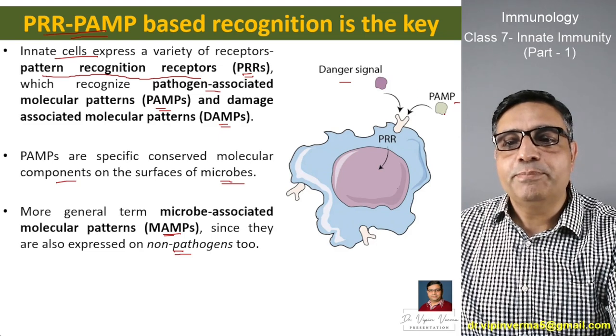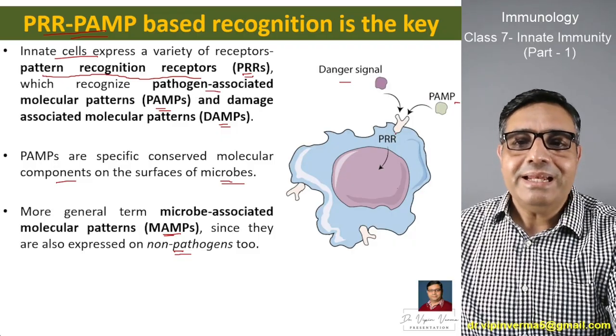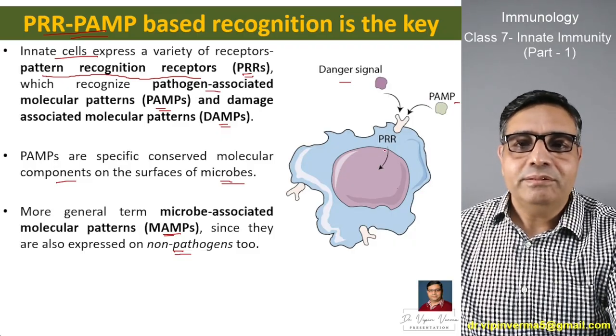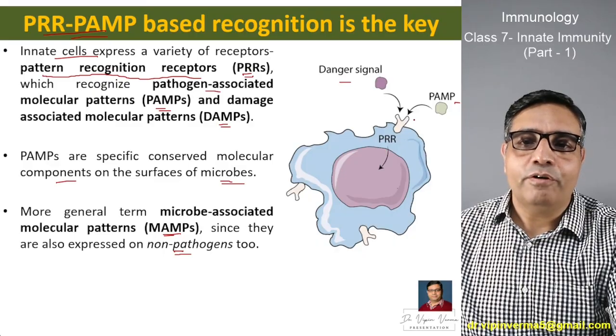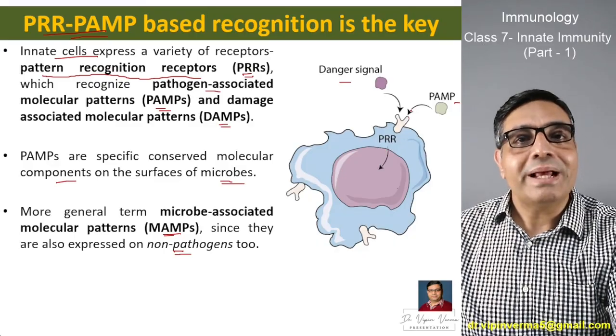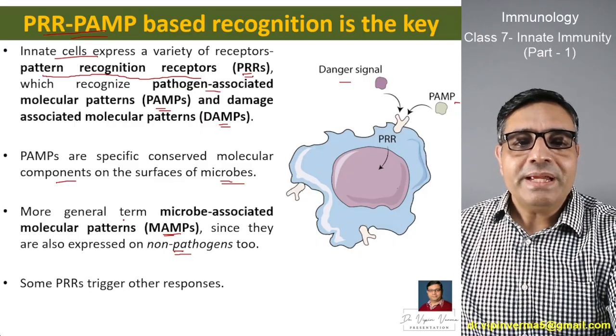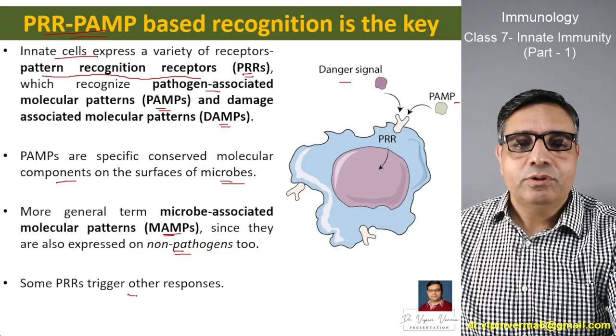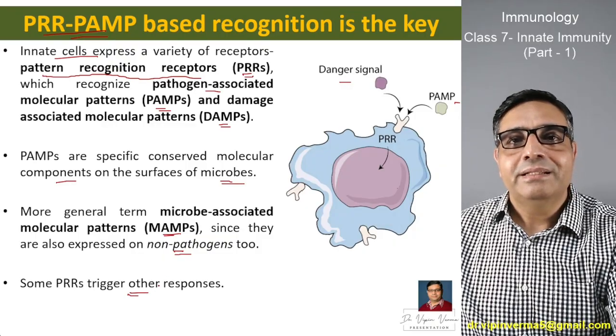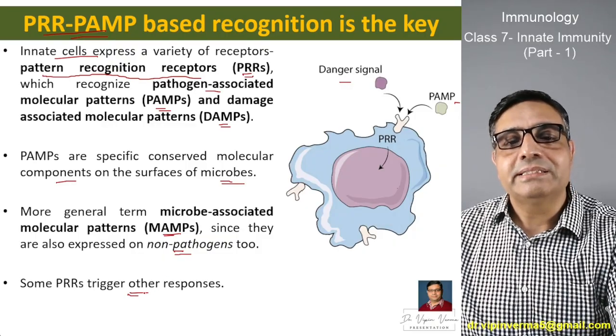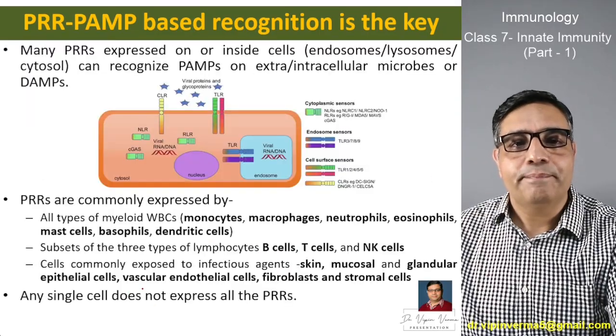Once the PAM or DAM binds to the PRR, it activates the cell, and then the elimination of the microbe or the pathogen starts. Some PRRs trigger other responses. Phagocytosis is not the only way; there are certain other responses as well.